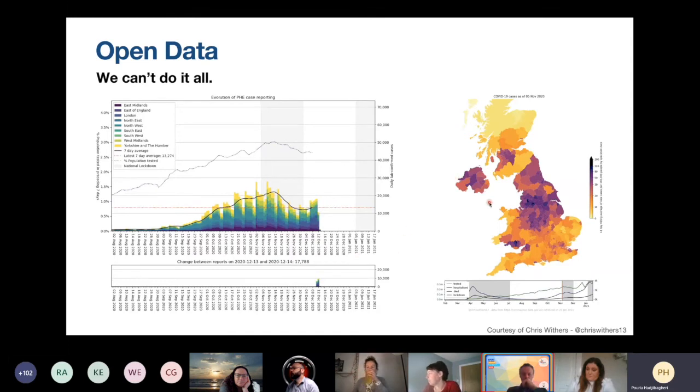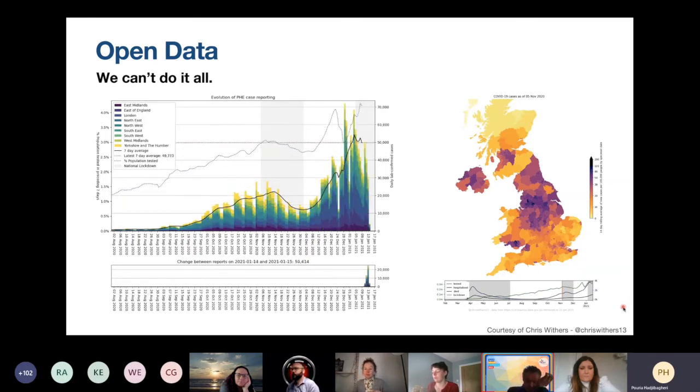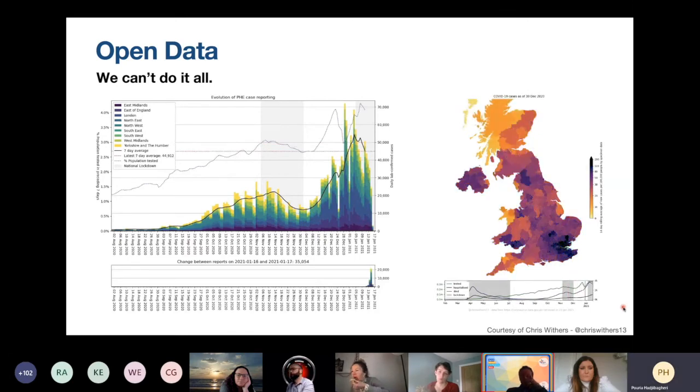So these are animations that people have created using our data, and they're quite popular, some of them, and they're very interesting. But we can't possibly put them all on the website, or we don't have time to create them all. You can see an example of this. Quite interesting.